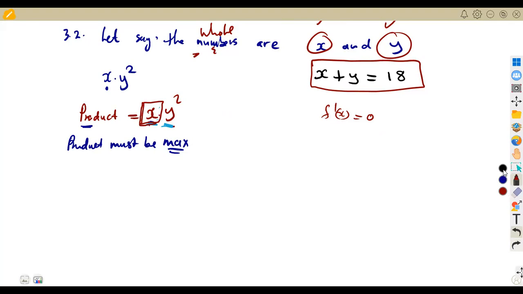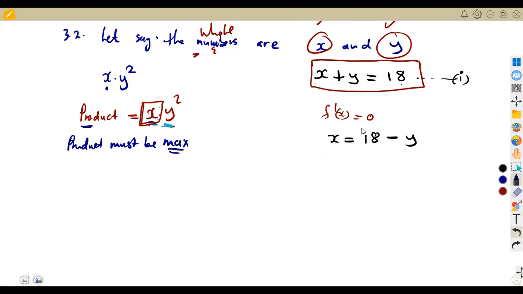From where? From these two numbers, where we are told that if we add these two numbers, they must give us 18. And what we want from this equation is to have X, because it's easier for us to substitute. So we are going to make X the subject. X is going to be equal to 18 minus Y, transposing Y to the other side.